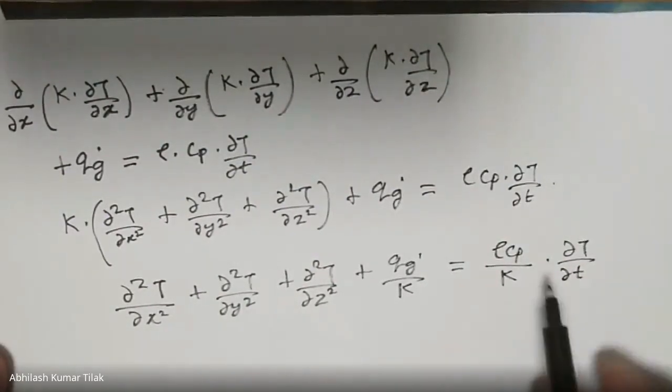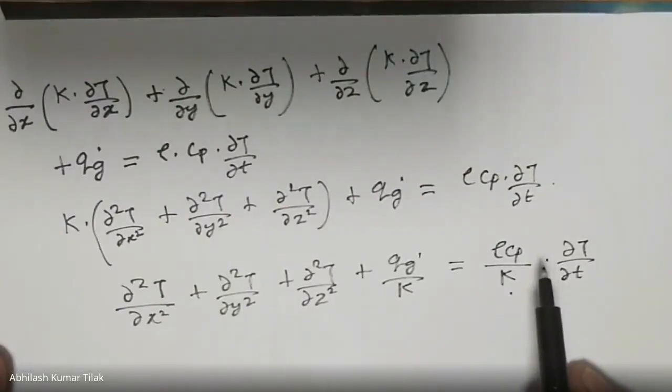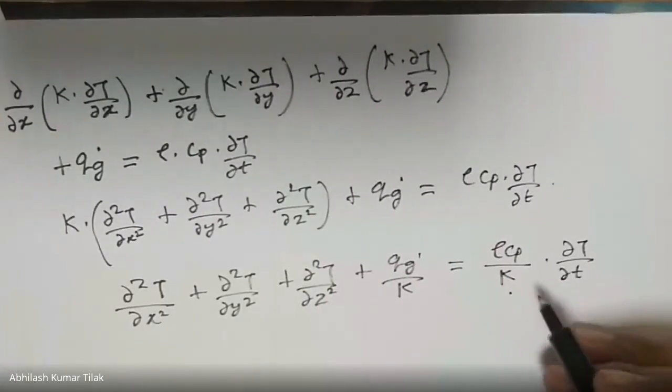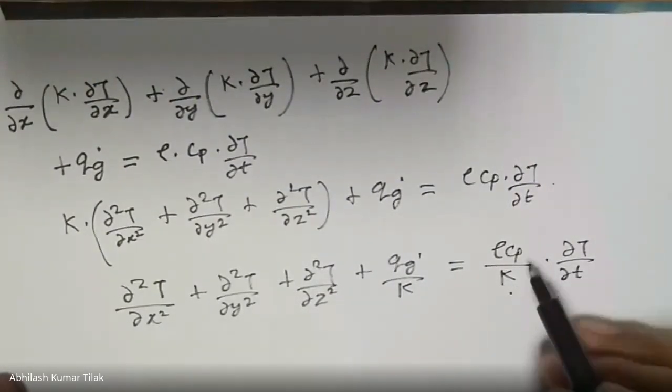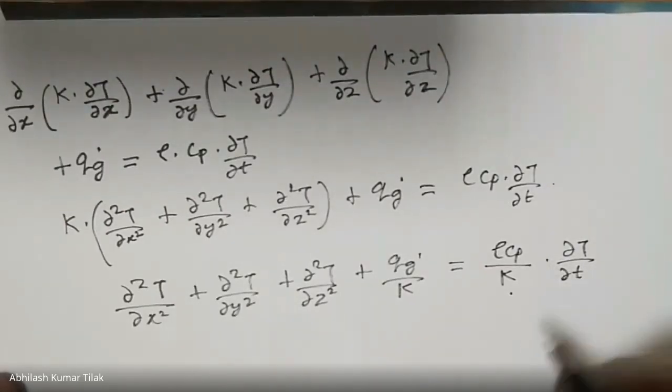Now this ratio, K is the thermal conductivity, and rho Cp indicates the heat storage capacity. So the ratio of the thermal conductivity to the heat storage capacity is termed the thermal diffusivity.